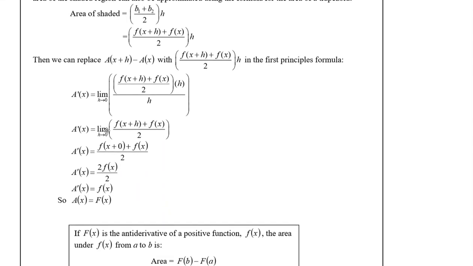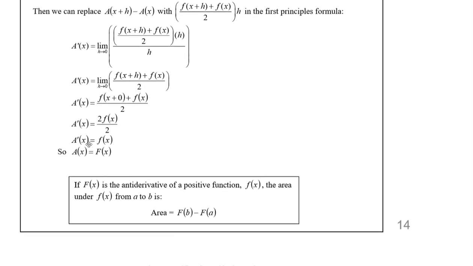Okay, so now as h approaches 0, we're able to throw 0 in for h, and we get f of x plus f of x, which is 2 f of x, and then it's over 2, the 2's cancel. So we actually have a proof that the derivative of the area function is equal to the original function itself. Okay, so we can imply that the area function is the antiderivative of f of x.